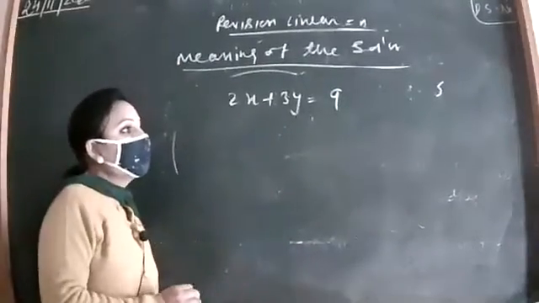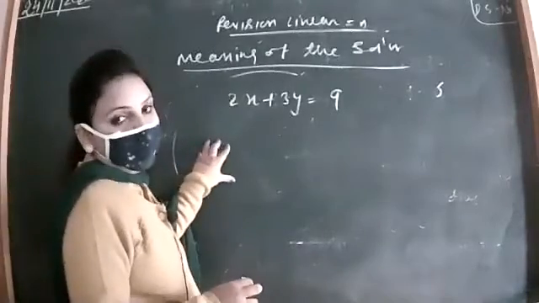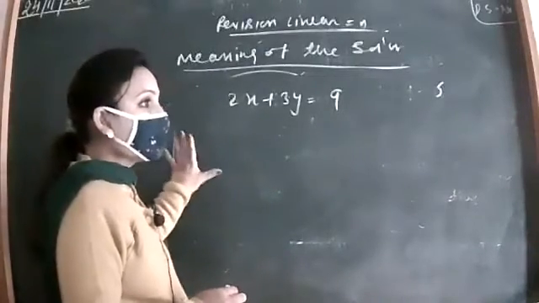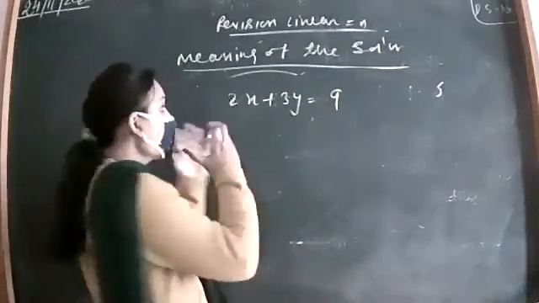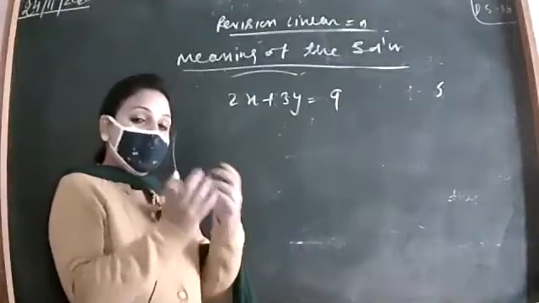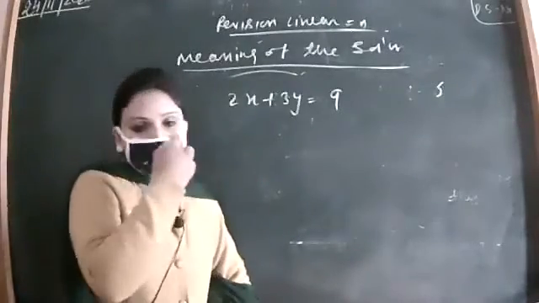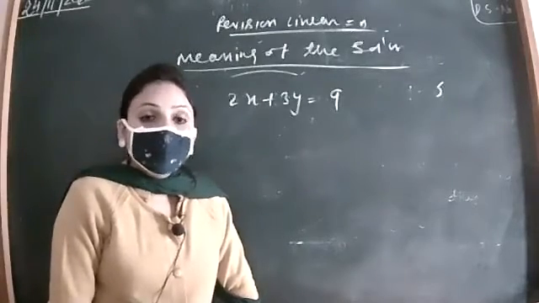So if we see this equation that is in two variables, the meaning of the solution is that value of x and y which satisfy this equation. That means when we put the values of x and y, the ordered pair, in this equation, the two sides, left hand side and right hand side, come out to be equal.